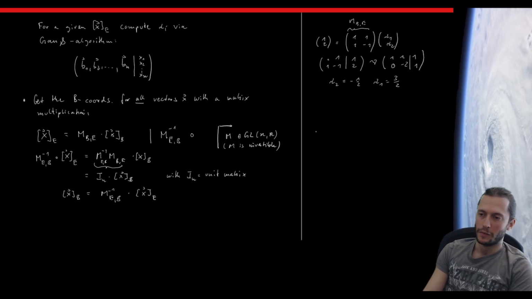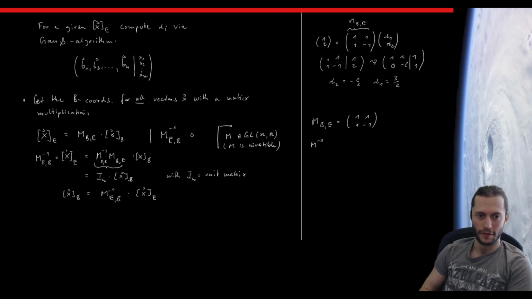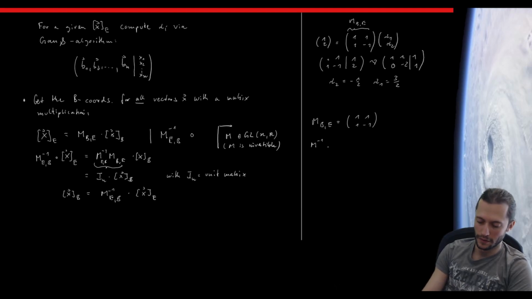Let's try in our example if this works as well. So we had M, and that was 1, 1, 1, minus 1. Now what is the inverse of M? There are different ways to calculate that, and you probably practiced some of them. But for 2 times 2 matrices, there is a certain rule which makes it easier.